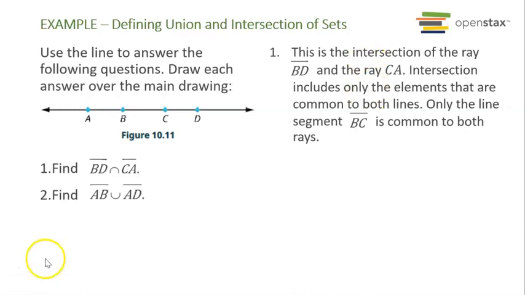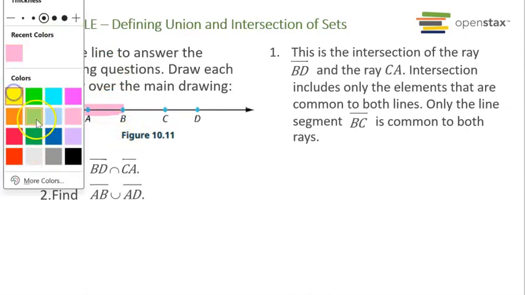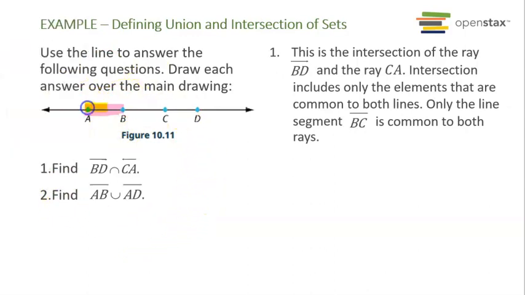What about the OR? I have AB, just a segment. I kind of like using this highlighter. Here's AB, and now let's look at AD, which would be all of this. It's a little bit easier to see if I'm in OR, so I'm in either set, I'm in this or in this, well, that would be all of that fun stuff.